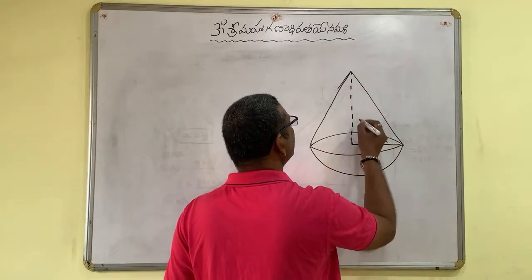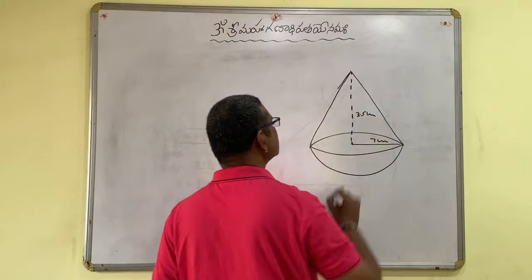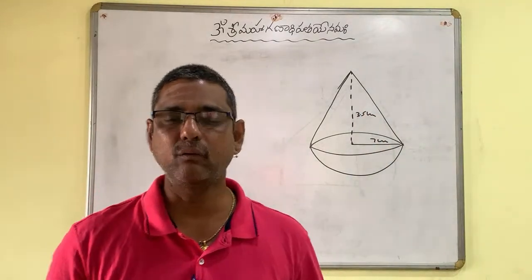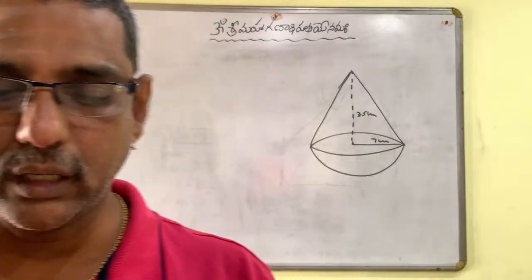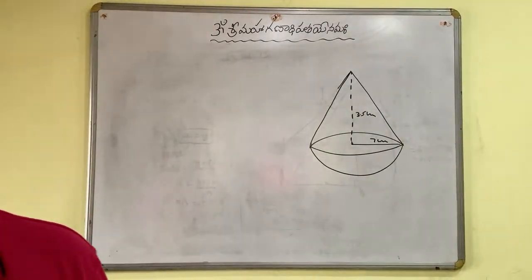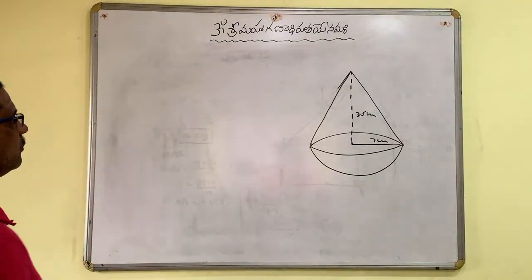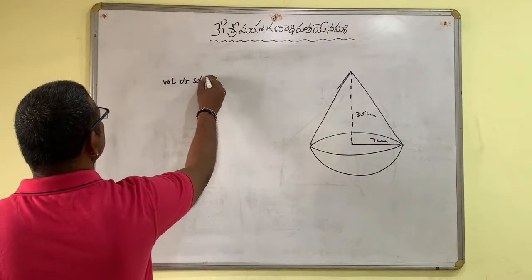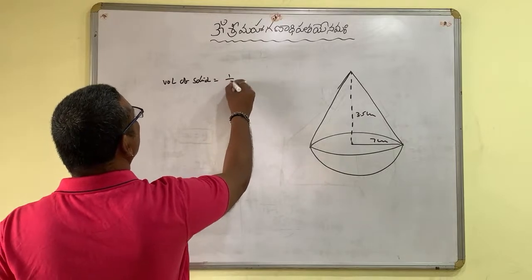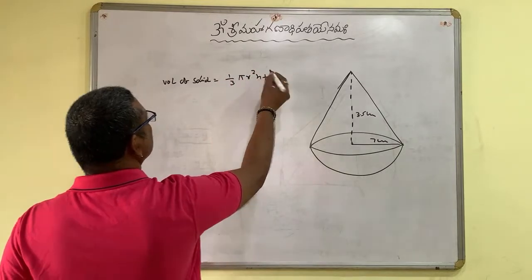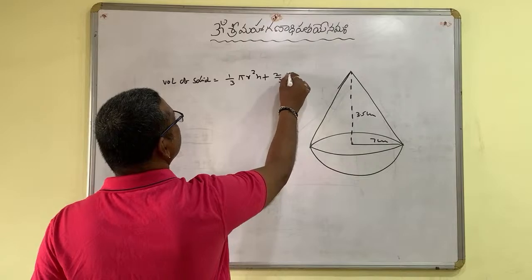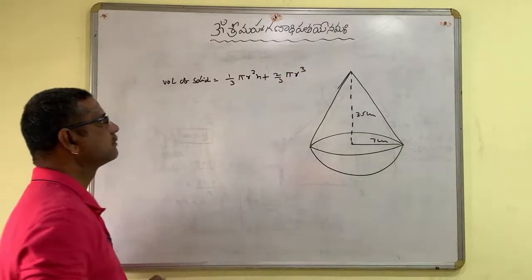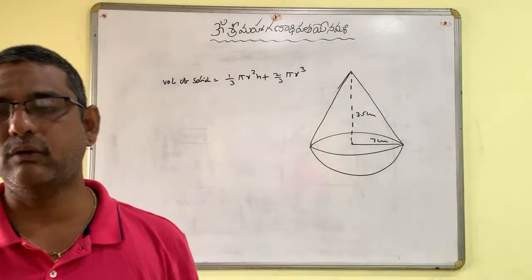And the height of the cone is 3.5 centimeters. It is asking about the volume of the solid, means volume of the figure. So volume is nothing but volume of cone plus volume of hemisphere.